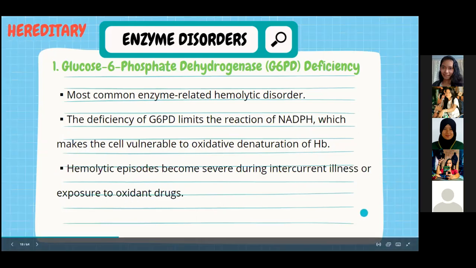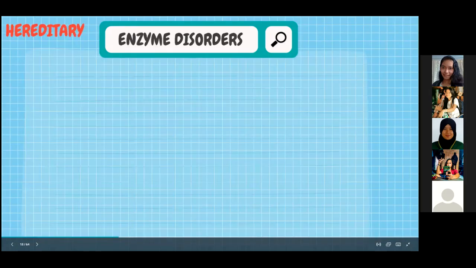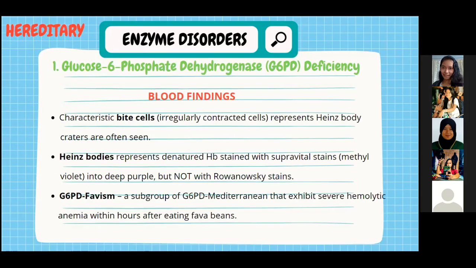Next, please. So the next one is the blood findings under G6PD. The first one is the characteristic bite cells, which are irregularly contracted cells, and Heinz body craters are often seen.